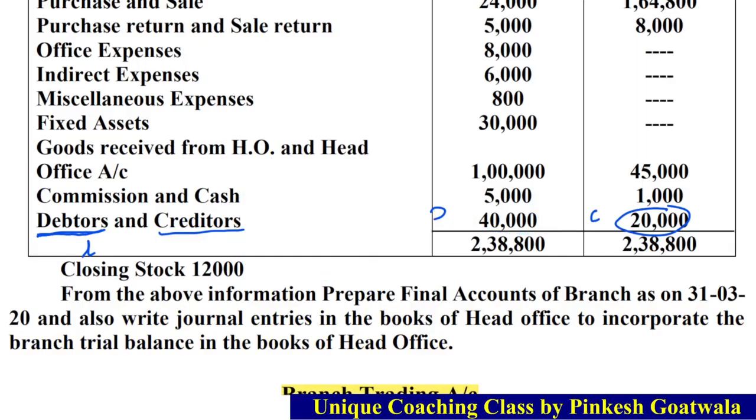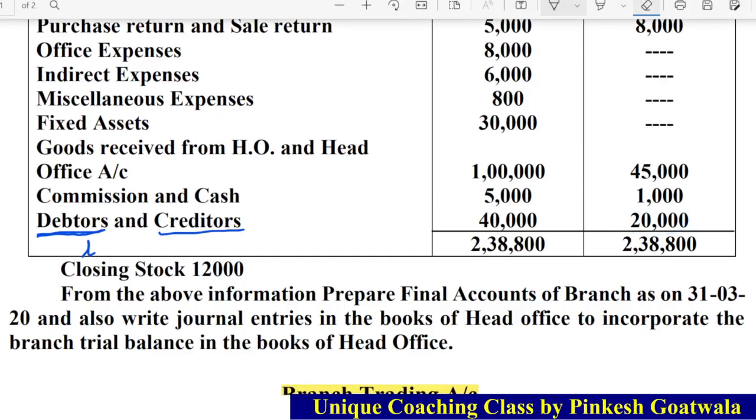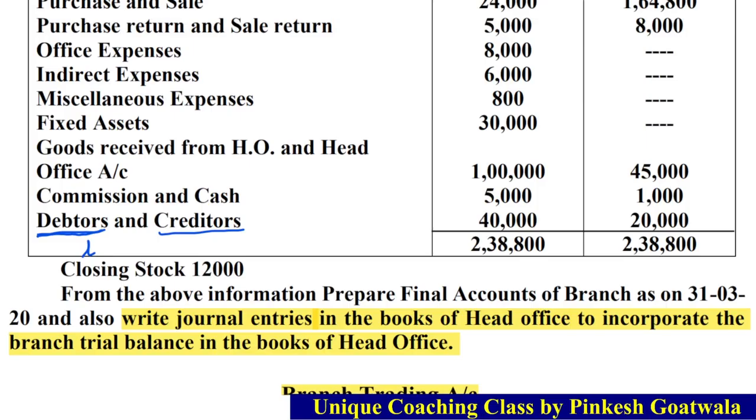Now there is one more question. Okay, બીજો પણ એક question છે, that is write journal entries. Journal entries in the books of head office to incorporate the branch trial balance in the books of head office. In a previous video I showed these journal entries, but still I didn't explain any journal entries. હજી સુધી તમને journal entries સમજાવી નથી.